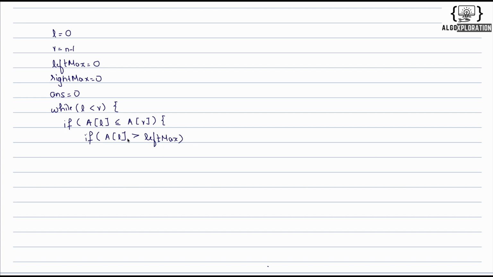Okay, if this is the case, then we have to update our left max. So left max is equal to A of L. But if this is not the case, if my A of L is not greater than left max, it means that that particular building is able to store some amount of water.